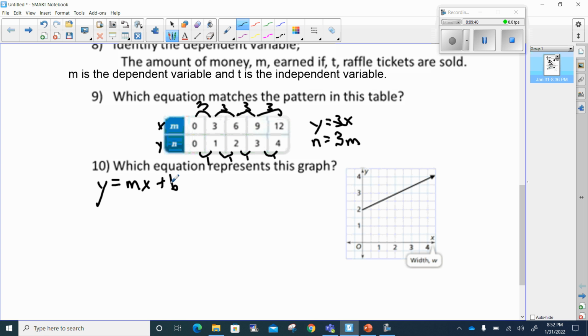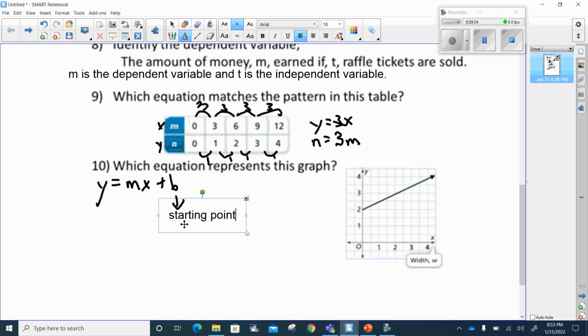All right, so B is the starting point, and that equals the y-intercept. So that's where the line crosses through y.